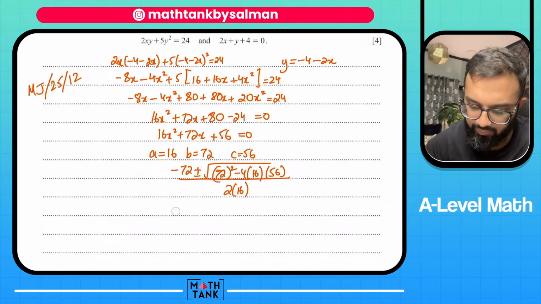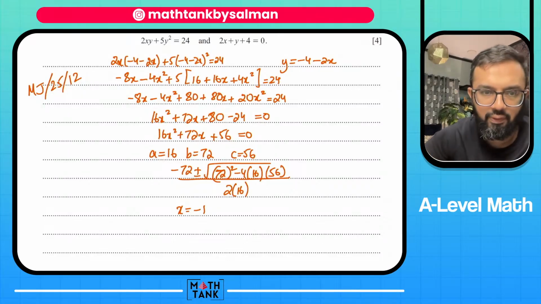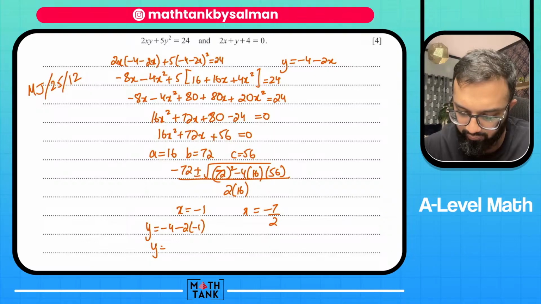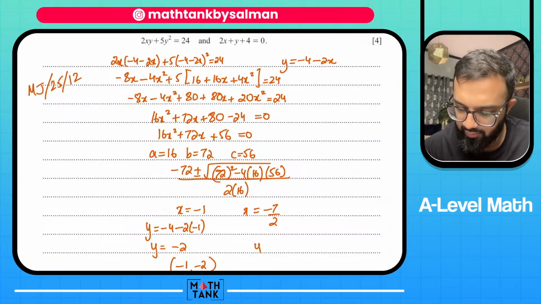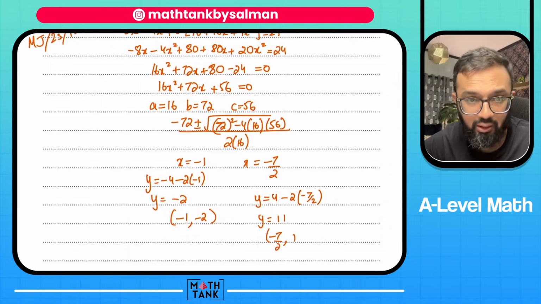I'm getting x as minus 1 and minus 7 over 2. So minus 4 plus 2 is minus 2. So the point is minus 1, 2. And minus 7 over 2, comma 3.